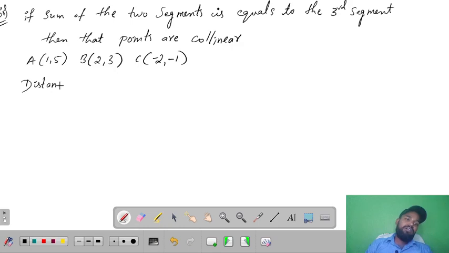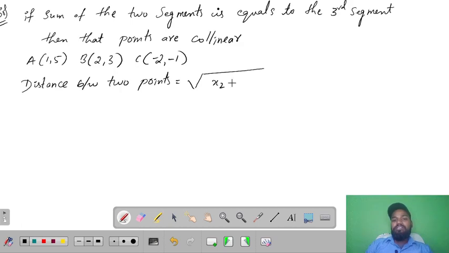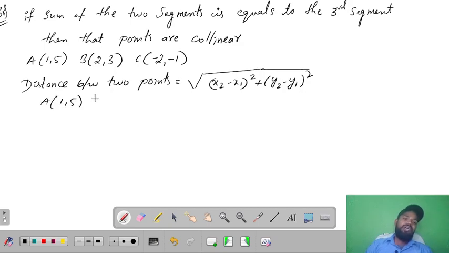Distance between 2 points equals under root (x2 minus x1) whole square plus (y2 minus y1) whole square. So this is the distance formula, right? Now we are finding the distance for A comma B. A is what? (1, 5) and B is what? (2, 3). And now substitute them in the equation, then we get the answer.